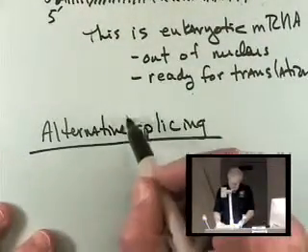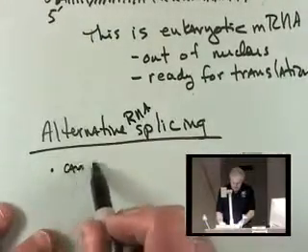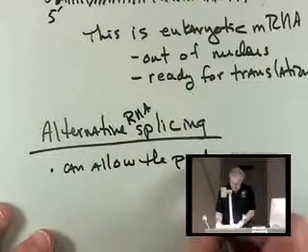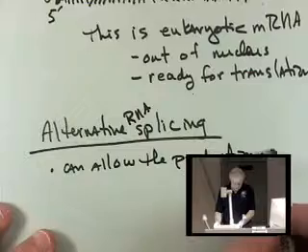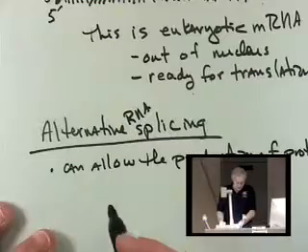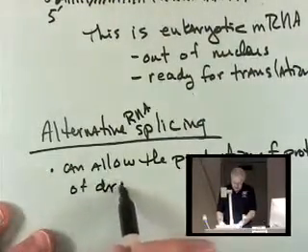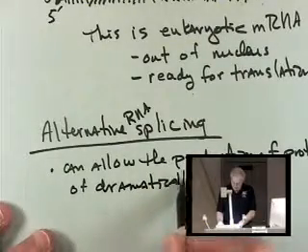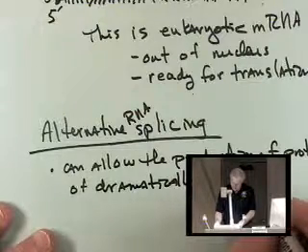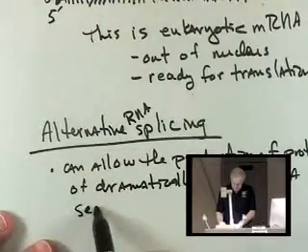So alternative, I forgot to put the RNA in there. Alternative RNA splicing can allow the production of proteins, different isoforms of proteins, of dramatically different amino acid sequences. There's AA for amino acids.